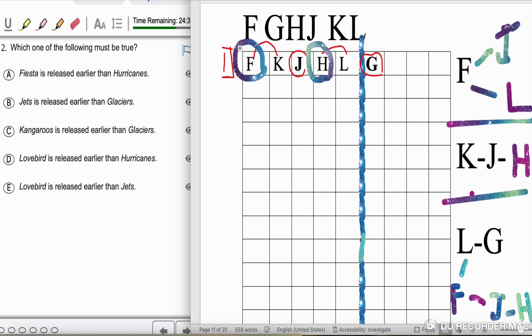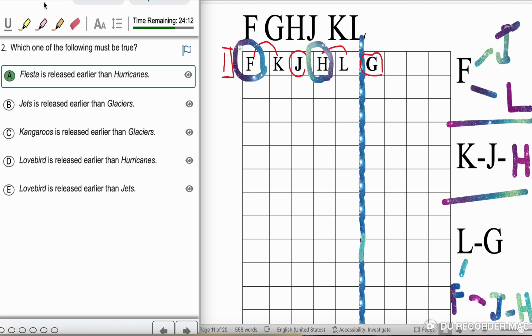According to the rules, F has to be before H. F is before J and J is before H. So technically, F cannot be after H. It has to be before it. Answer A, F is released earlier than H.